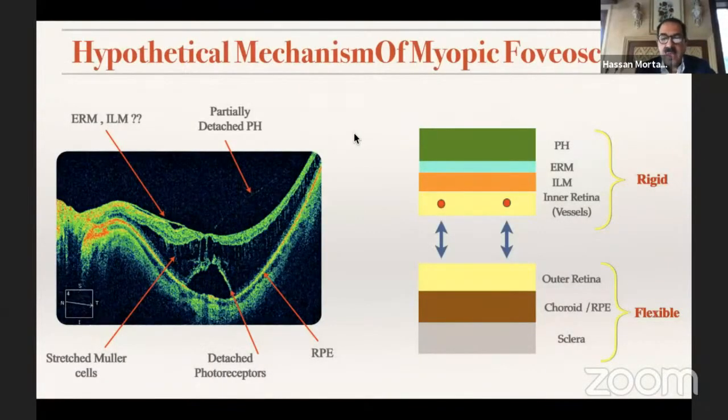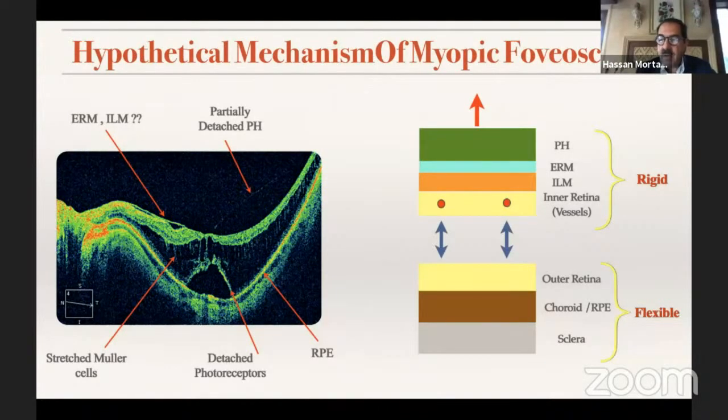Theoretically, we can come to a mechanism for myopic foveoschisis. It is a battle between rigid and flexible structures at the posterior pole. The rigid structures are the posterior hyaloid, the epiretinal membranes, the eye lamp, and the inner retina with the rigid vessels, and these structures tend to pull the retina toward the center of the eye.